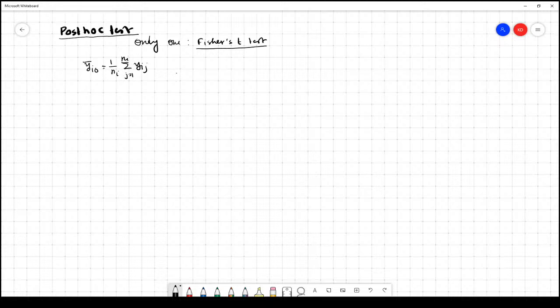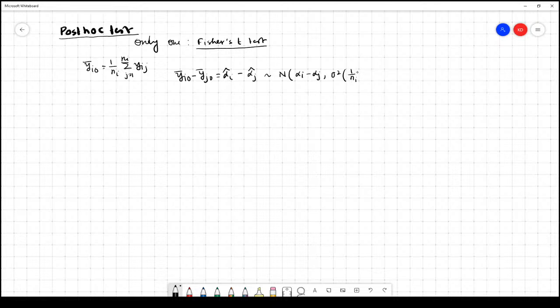Yi naught minus yj naught, which is the estimator of alpha i minus alpha j, follows, when sigma square is known, a normal distribution with mean alpha i minus alpha j and variance sigma square times 1 by ni plus 1 by nj.